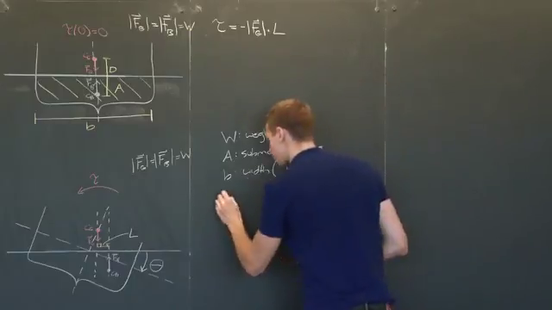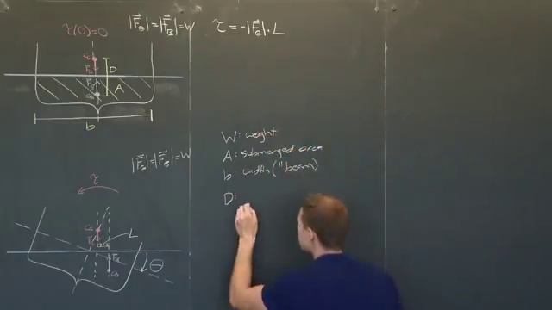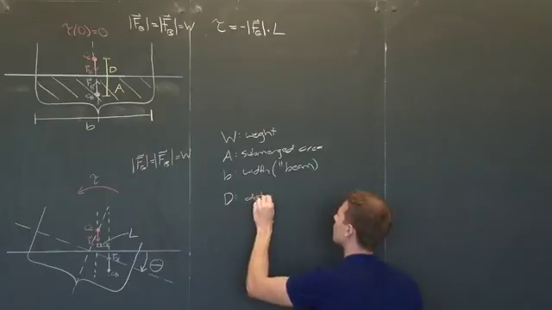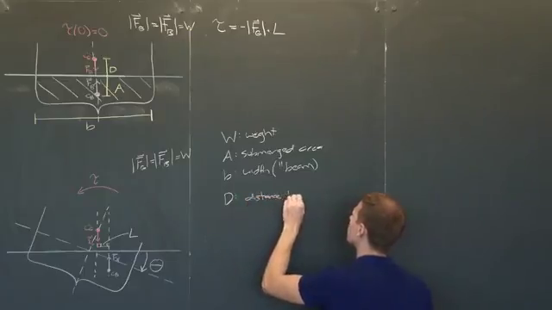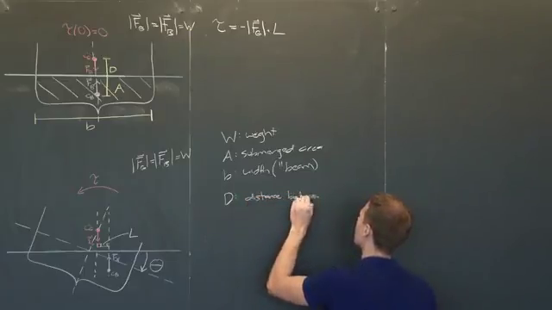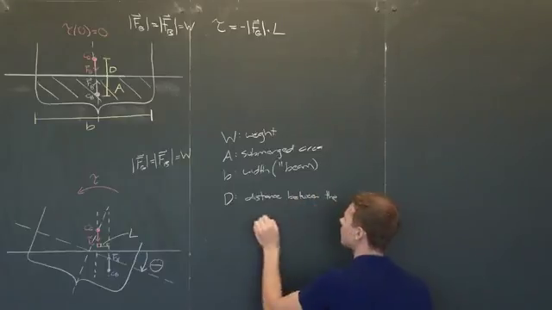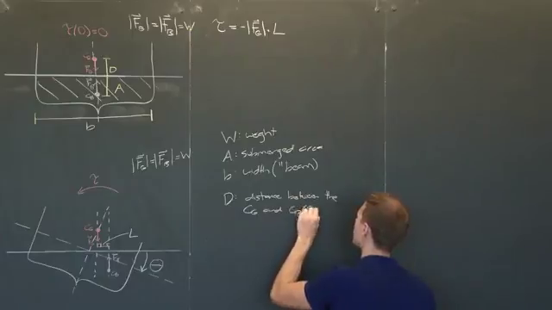And D is the distance between the center of gravity and the center of buoyancy when the boat is sitting flat in the water at theta equals 0.